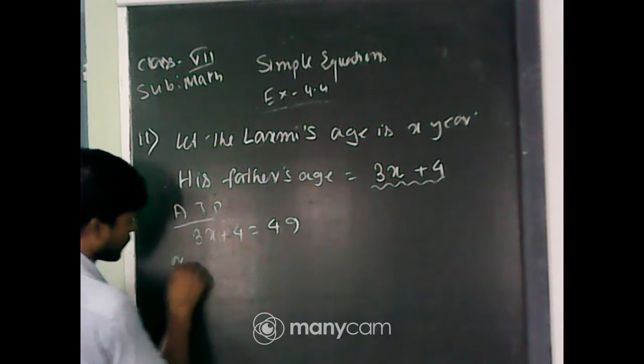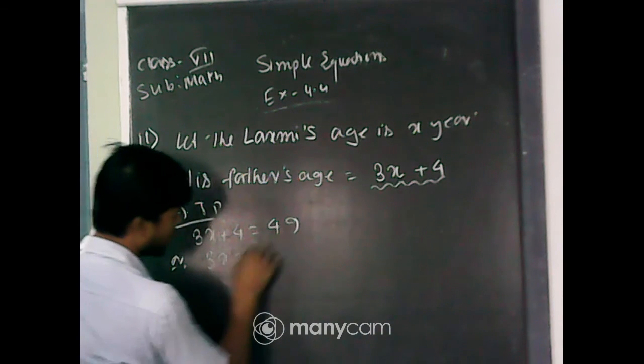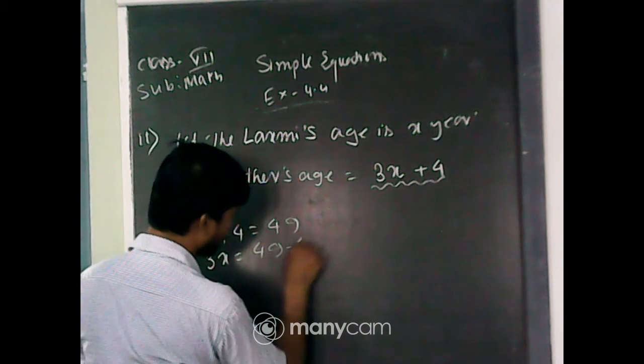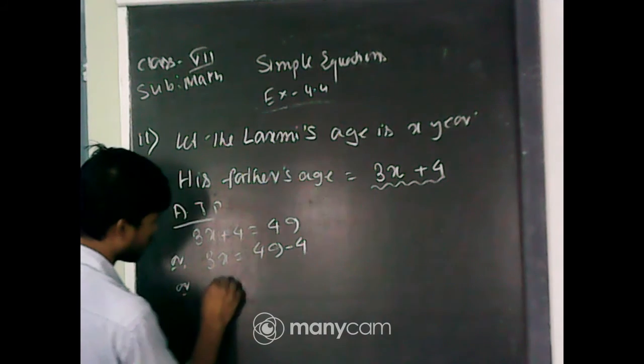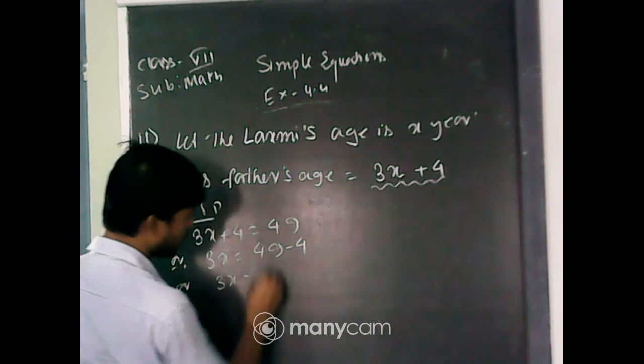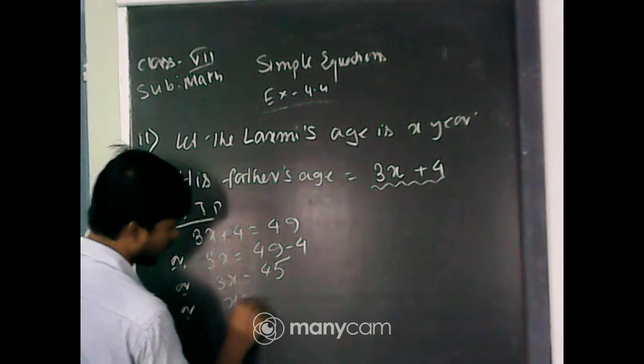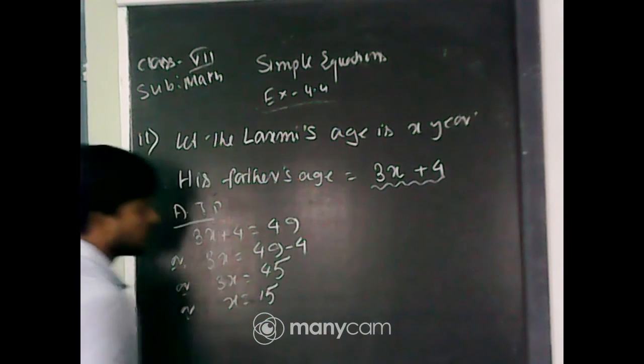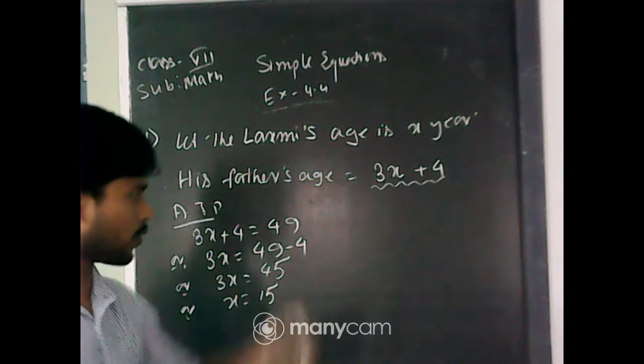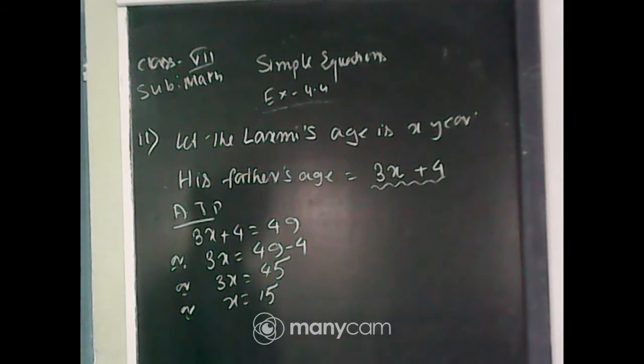That means 3x is equal to 49 minus 4, or 3x is equal to 45, or x is equal to, if you do the calculation, the result will be 15. Yes, the result will be 15. That means Lakshmi's age is 15 years. And hence solved.